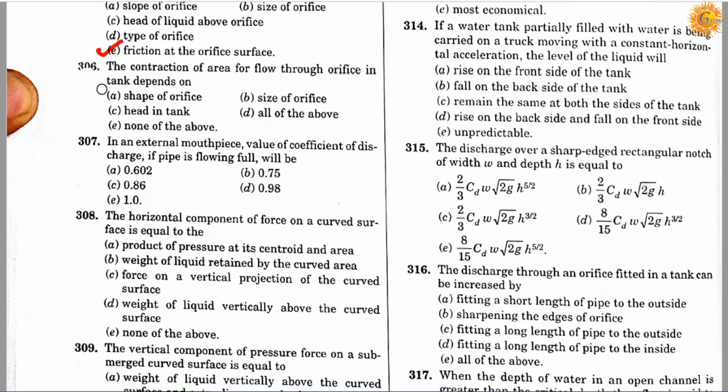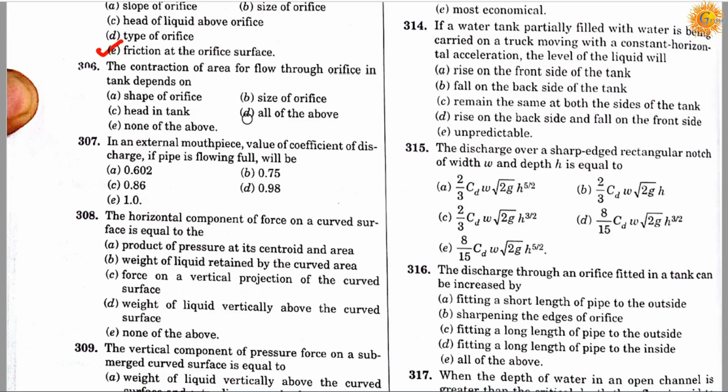Question number 306. The contraction of area for flow through orifice in tank depends on: option A, shape of orifice; option B, size of orifice; option C, head in tank; option D, all of the above; and option E, none of the above.